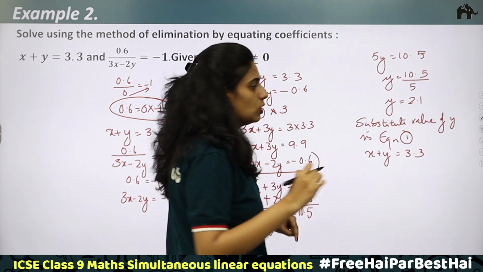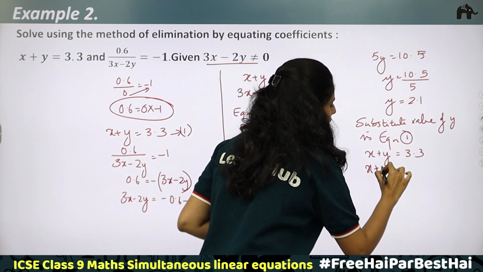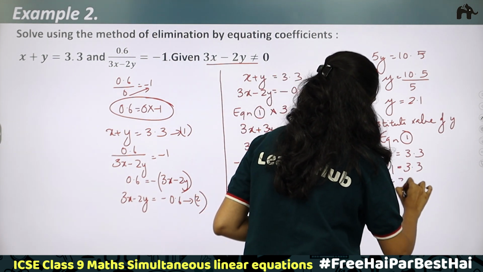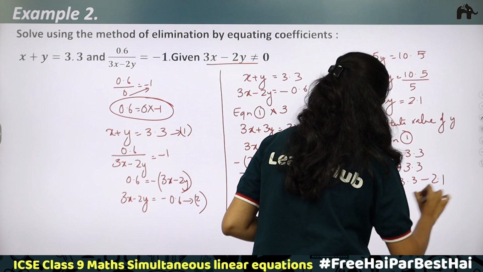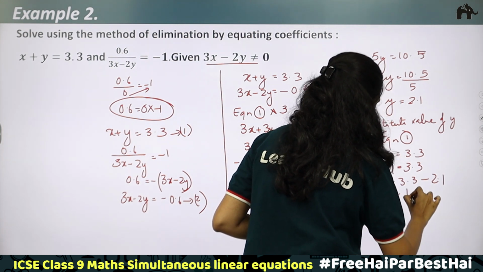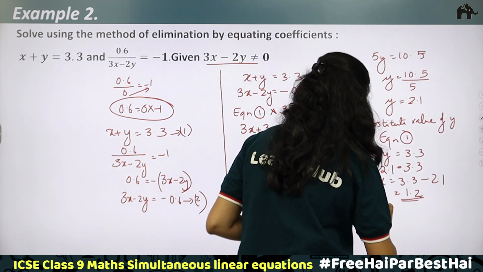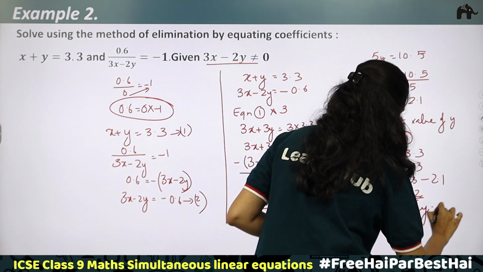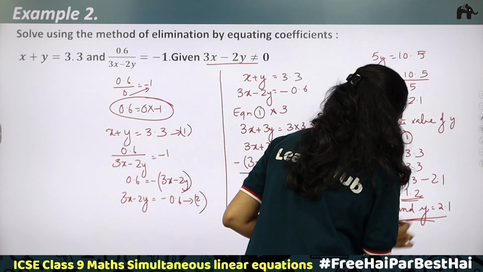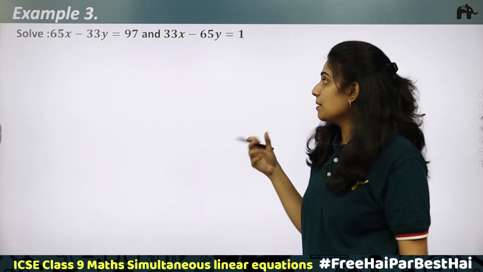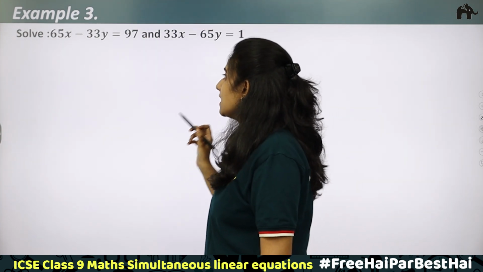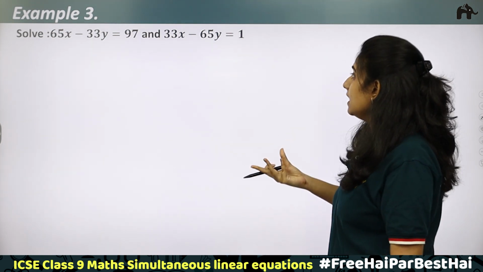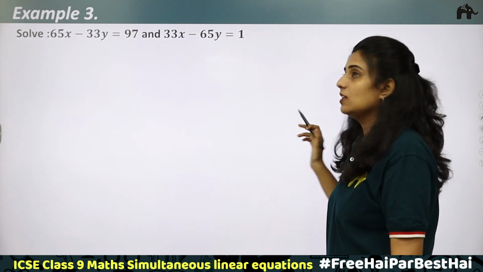So substituting here, what do we get? x plus 2.1 is equal to 3.3, or x is equal to 3.3 minus 2.1, which is equal to 1.2. x is equal to 1.2 and y is equal to 2.1. Clear? Third example, solve 65x minus 33y is equal to 97 and 33x minus 65y is equal to 1.